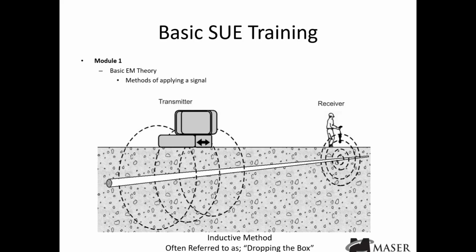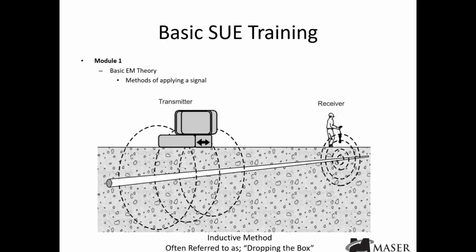So the method that we talked about a moment ago, and I just showed you the graphic on, is called direct connection. In this method, this is what we call dropping the box, or it's an inductive method. Each one of those transmitter boxes has the ability, without any cables connected to it, to propagate a signal from the box.